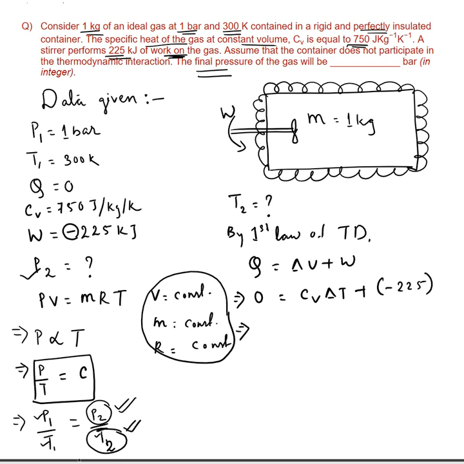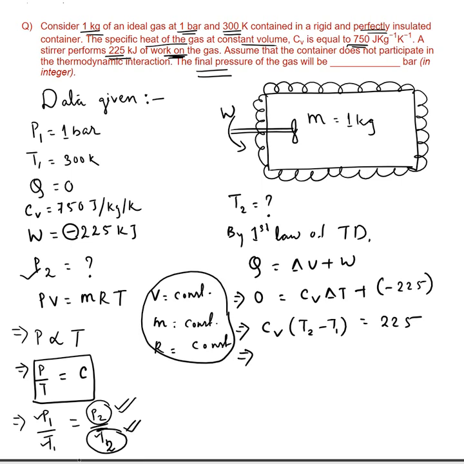Now del T is T2 minus T1, so Cv times (T2 minus T1) is equal to 225. Now substitute the value of Cv and T1 here, and after solving this we get the magnitude of T2.